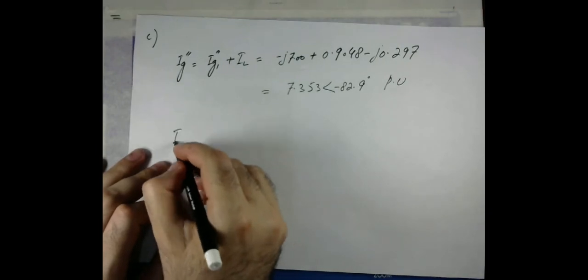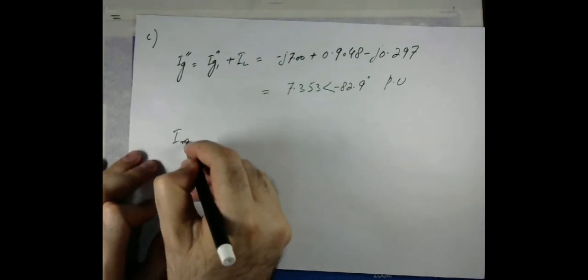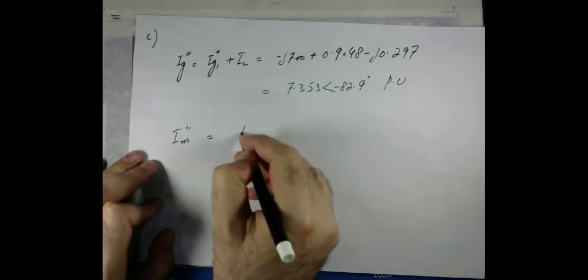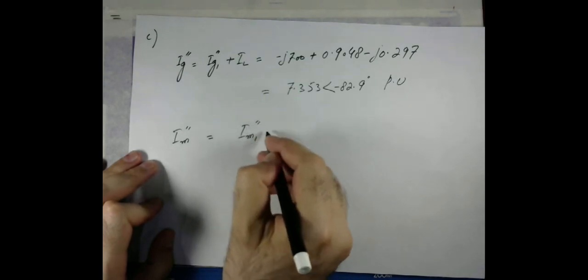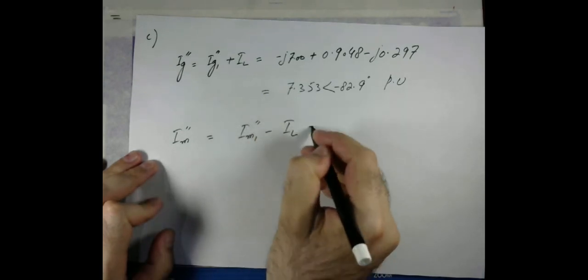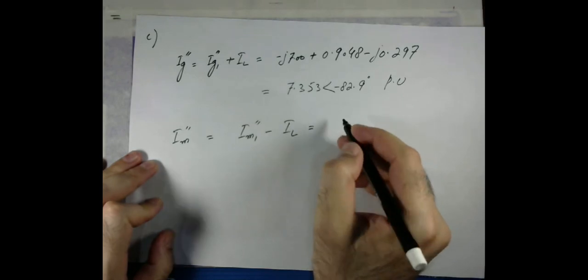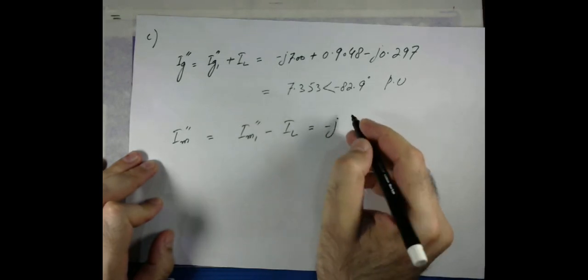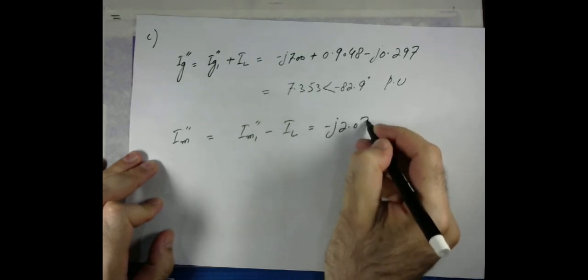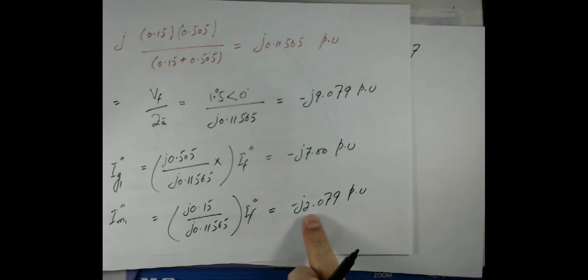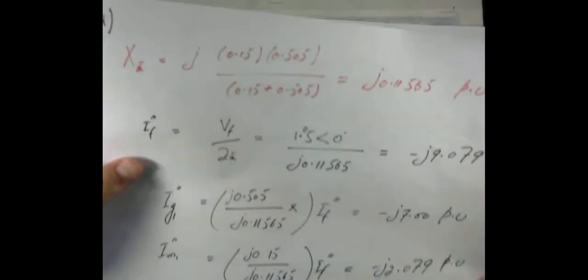Similarly, the sub-transient motor current will be equal to Im1 double prime minus the load current, which will be equal to minus j2.079.